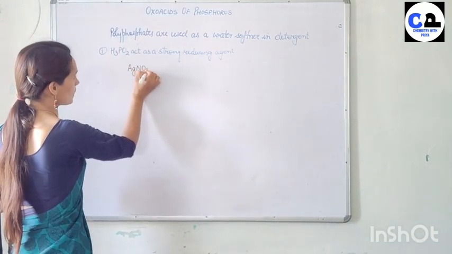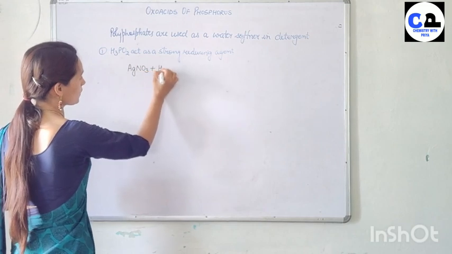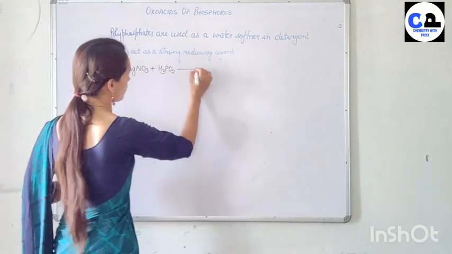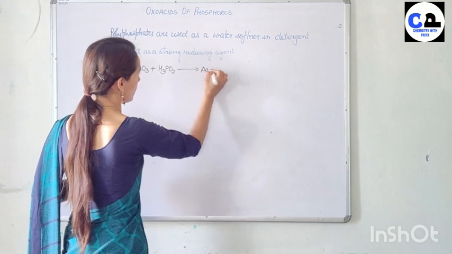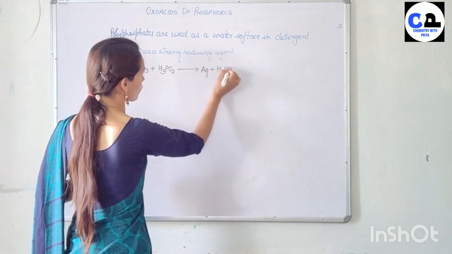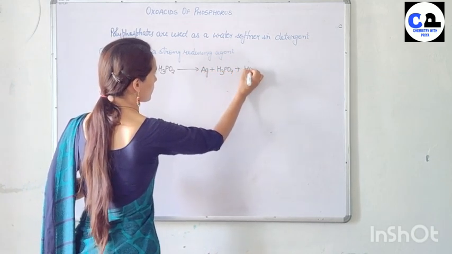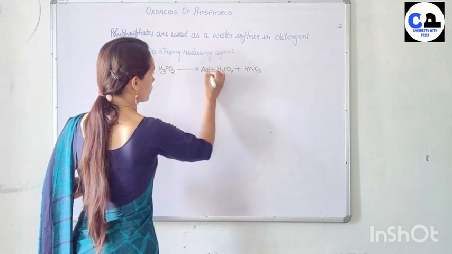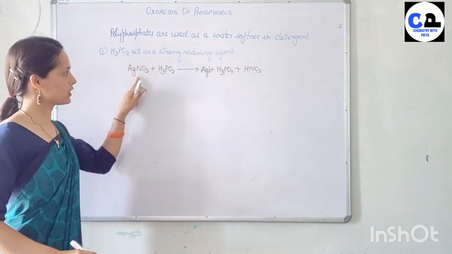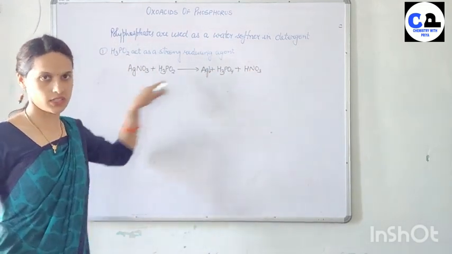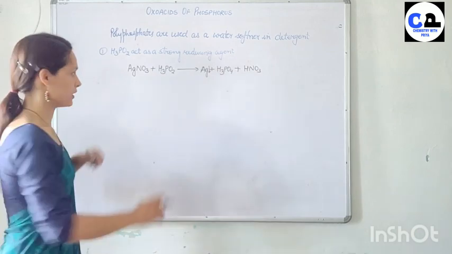Suppose I have AgNO3. When AgNO3 reacts with H3PO2, it forms Ag plus H3PO4 plus HNO3. So it reduces AgNO3 to Ag.